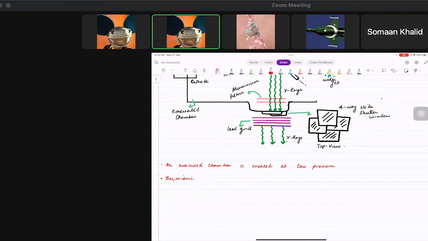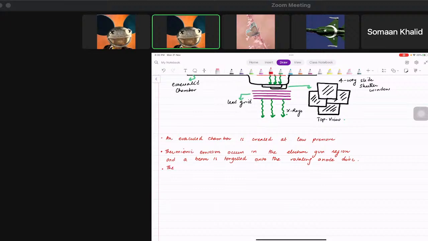When we heat and electrons are emitted, that process is called thermionic emission. It occurs in the electron gun region. All right, like that. And a beam is targeted onto the rotating anode disk, like that.